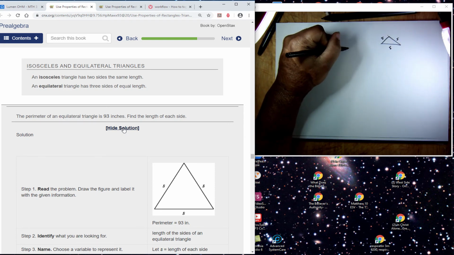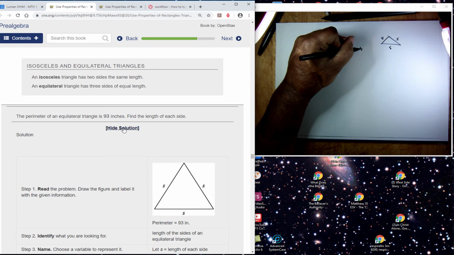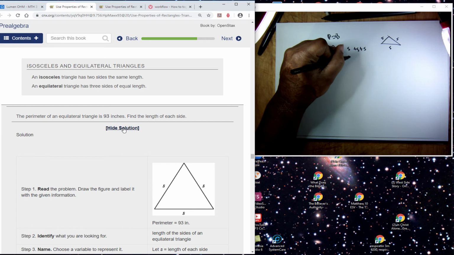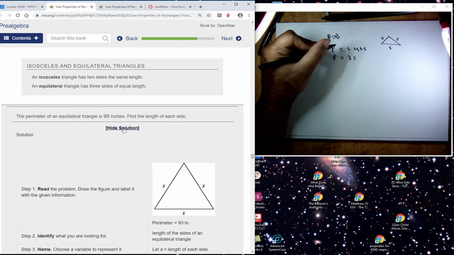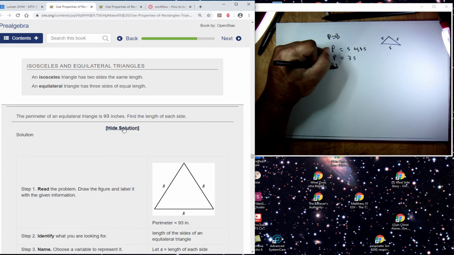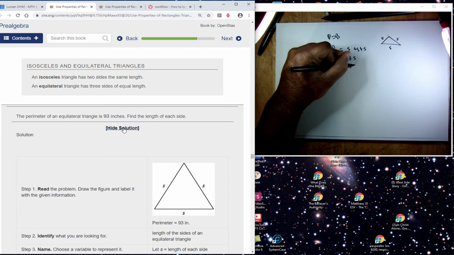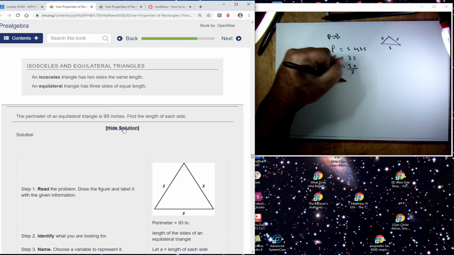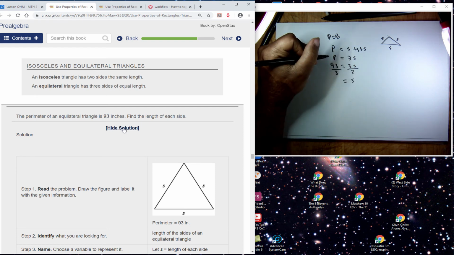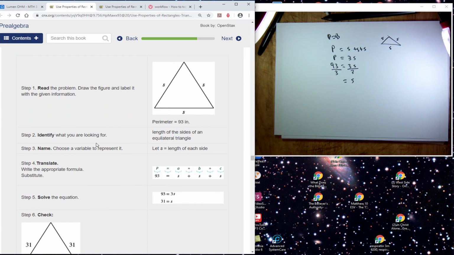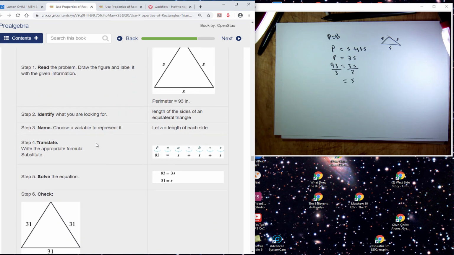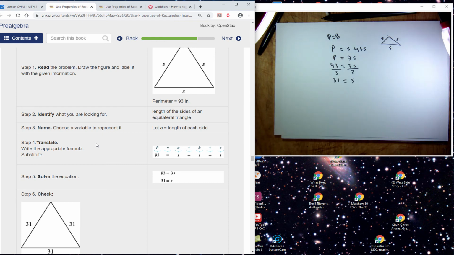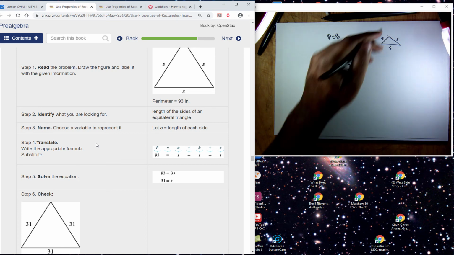So the perimeter is going to be S plus S plus S, so my perimeter is 3S, but I'm given that my perimeter is 93. I can divide both sides by 3 here. So the length of one side is 31. Each side is 31.